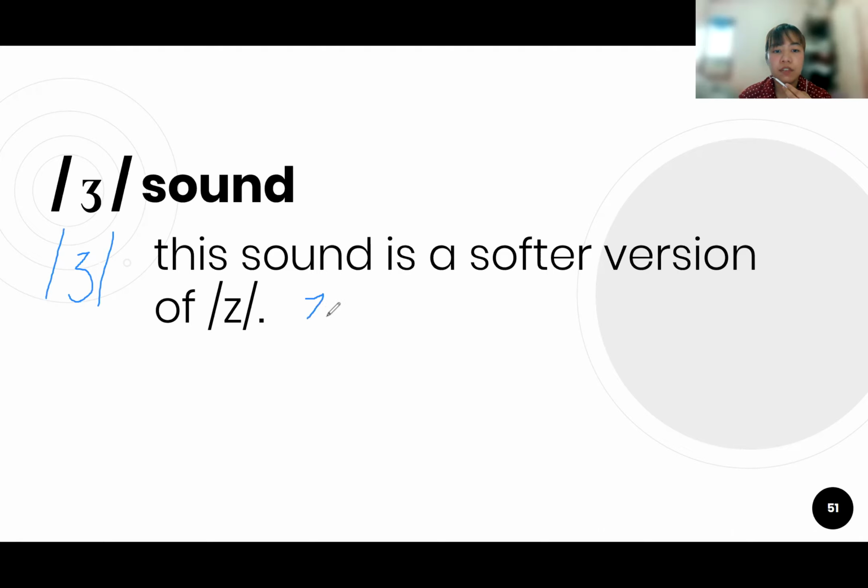Parang cursive siya na letter Z, or a variation on how other people write your letter Z, kumbaga. So if you use the symbol, its sound is J. Softer version daw of your Z sound.